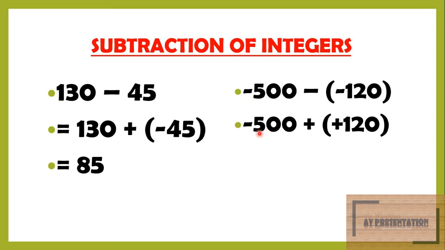So one number is negative and one number is positive. That means the smaller number is subtracted from the bigger number. And the answer is 380. And the sign given there is minus. Why? Because the bigger number is 500 and 500 is a negative number. So the sum is also negative.